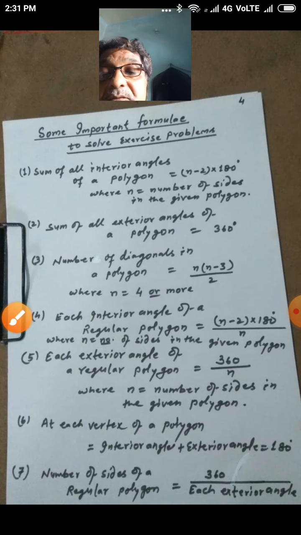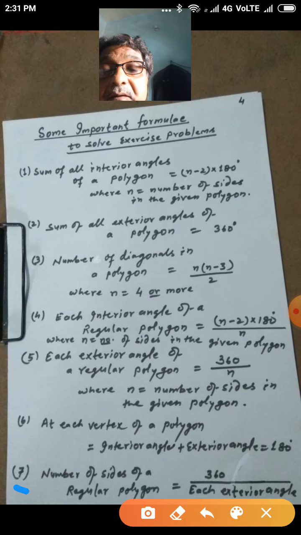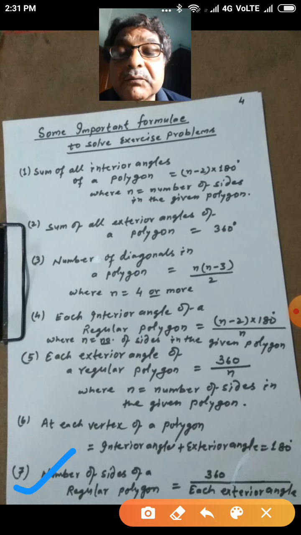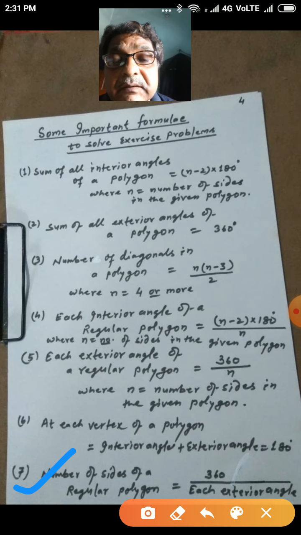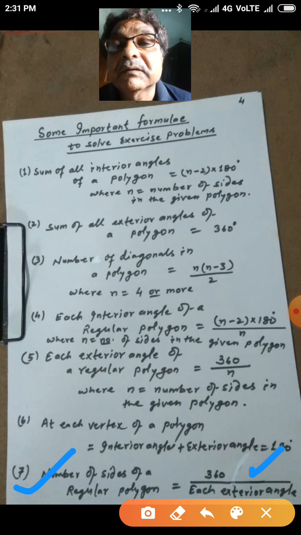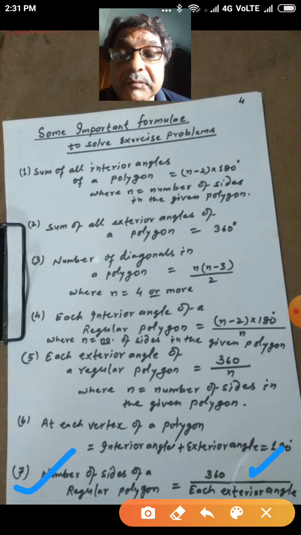The last one is the number of sides of a regular polygon. Using the formula, if we divide 360 by each exterior angle, we get the number of sides in the given polygon.